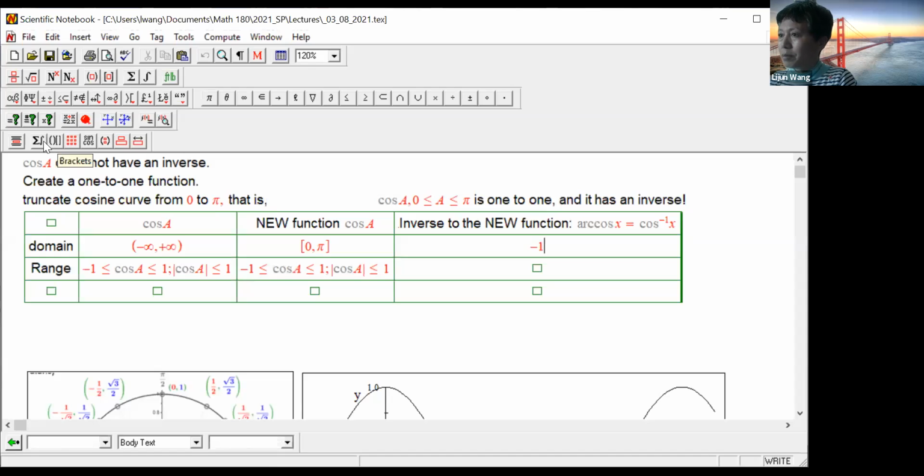So for this one, x is a ratio, between -1 and 1, absolute value of x less than or equal to 1. And the range is what?